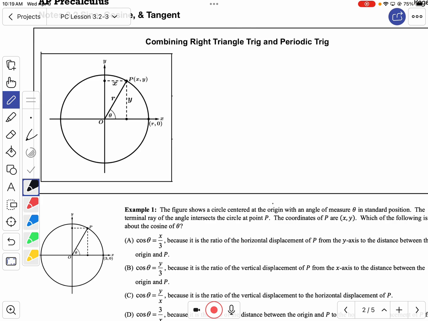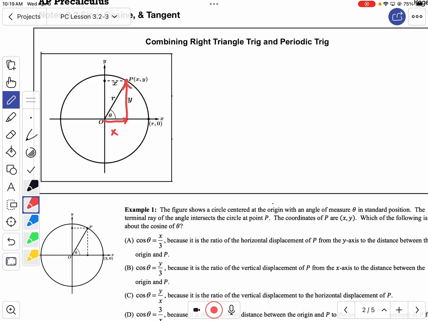So, let's talk about how all of this comes together. How does everything that we know about the right triangle and everything that we know about the unit circle come together? One of the things I want you to notice, they drew this circle here for me, thank goodness, because it's much better than what I could draw. So on our circle, there's our point. Every point has a coordinate, an x and a y. And so to get to that point, I graphed over x and then up y.